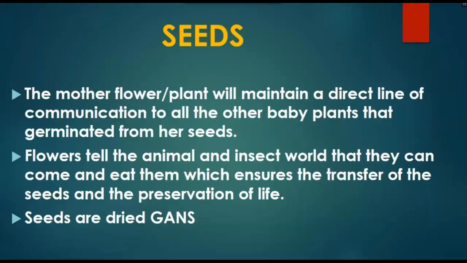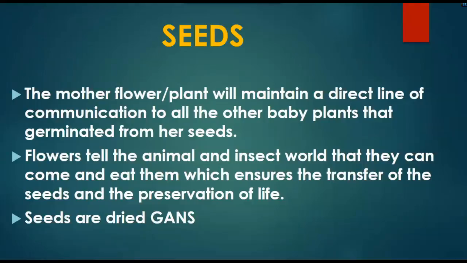And another important point to remember for the seeds is that they are essentially dried GANs. We've always been told how nutritious seeds are and how good they are for us, and they contain all these different minerals and vitamins and different nuts and seeds.